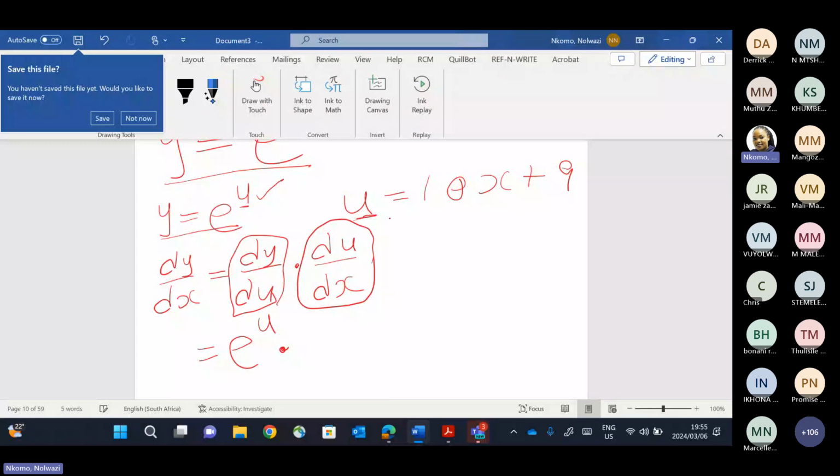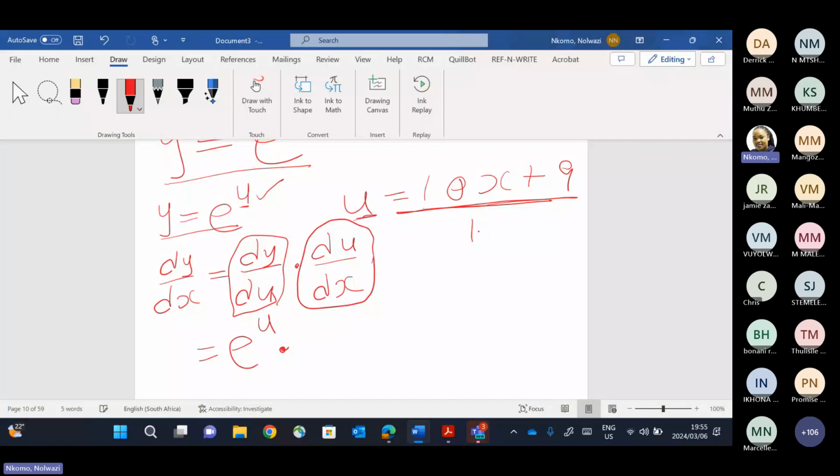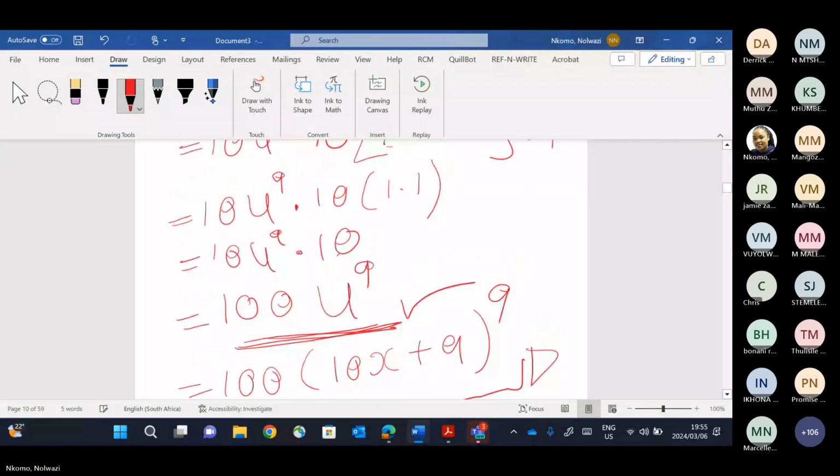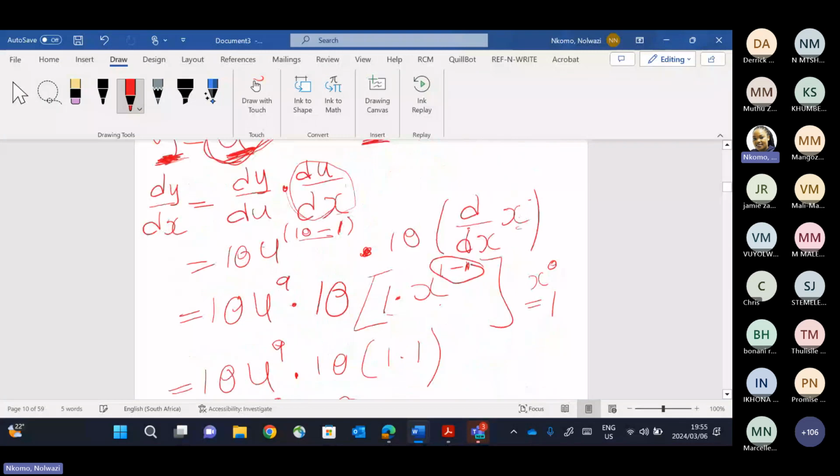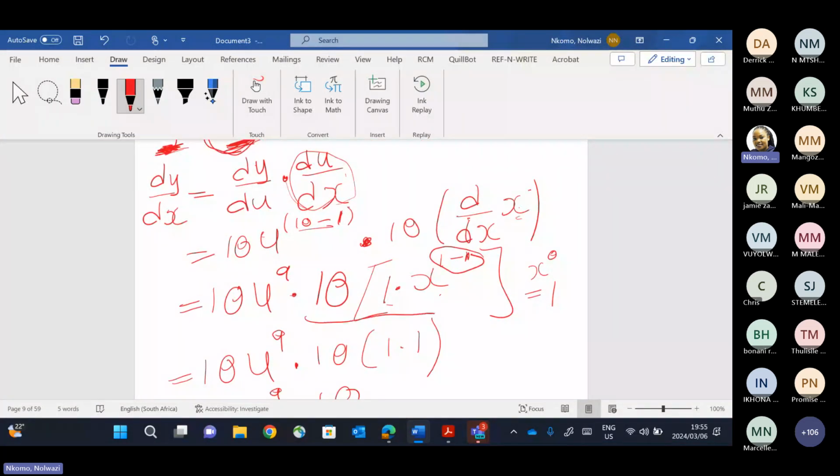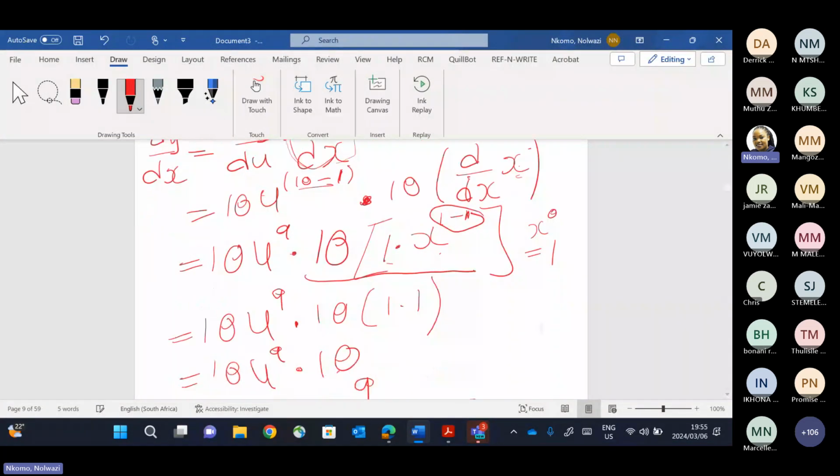If you want to find the derivative of this, we did find du over dx when u was this, right? We said it would be 10. Remember here, we said it's 10 times 1 and 1 times 10 is 10.